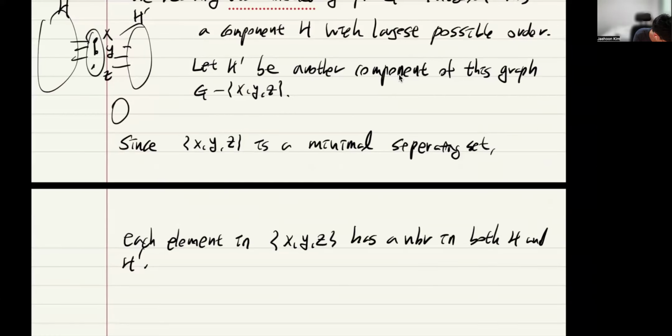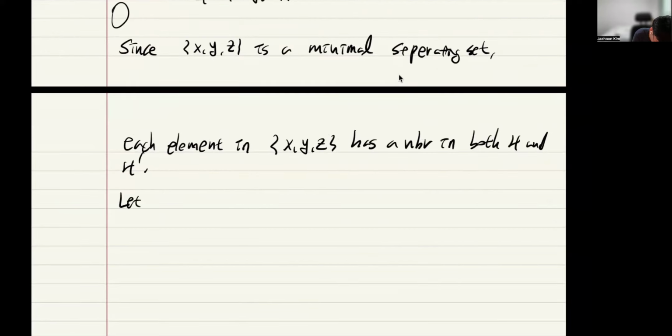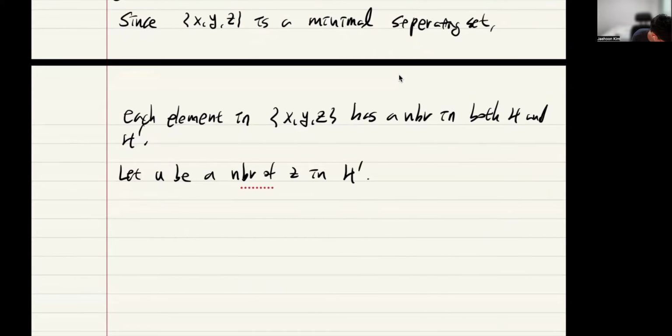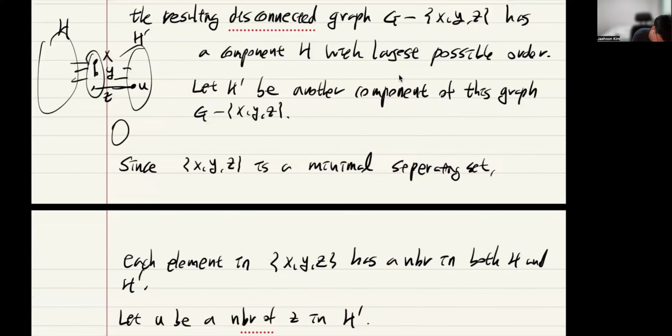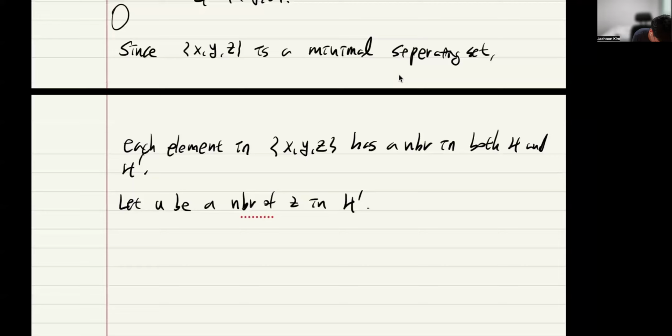Then let's say you have a neighbor u of z in H, and v, a neighbor of z in H prime. Then what? This zu is in H.